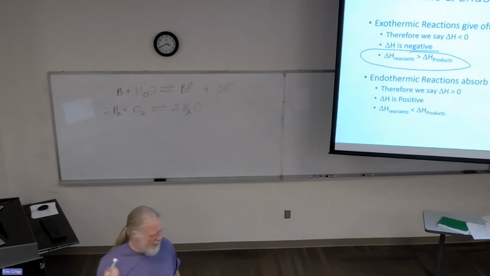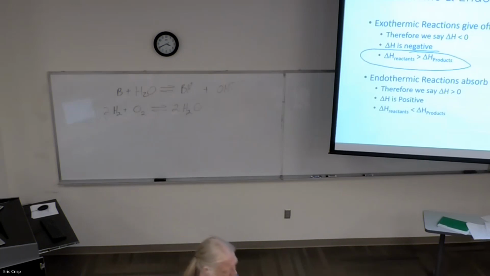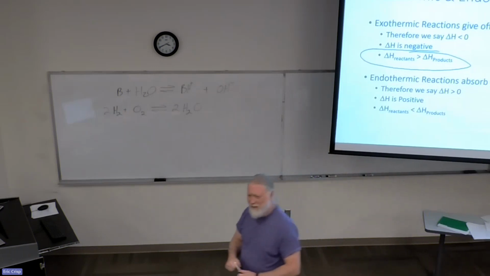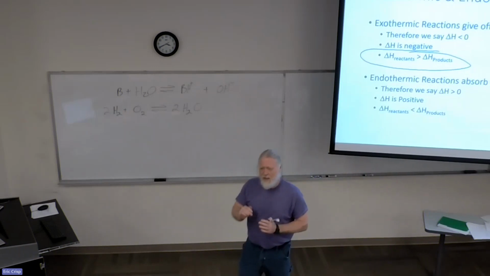Do you think that is likely to be exothermic or endothermic? Be brave. Hydrogen set on fire. Very, very exothermic, yes. You're setting hydrogen on fire. Okay, so does that make sense then?